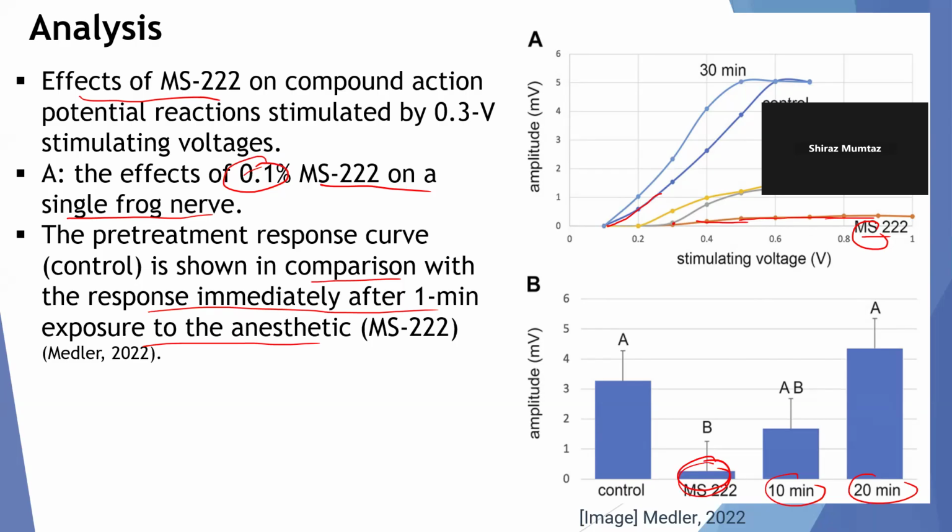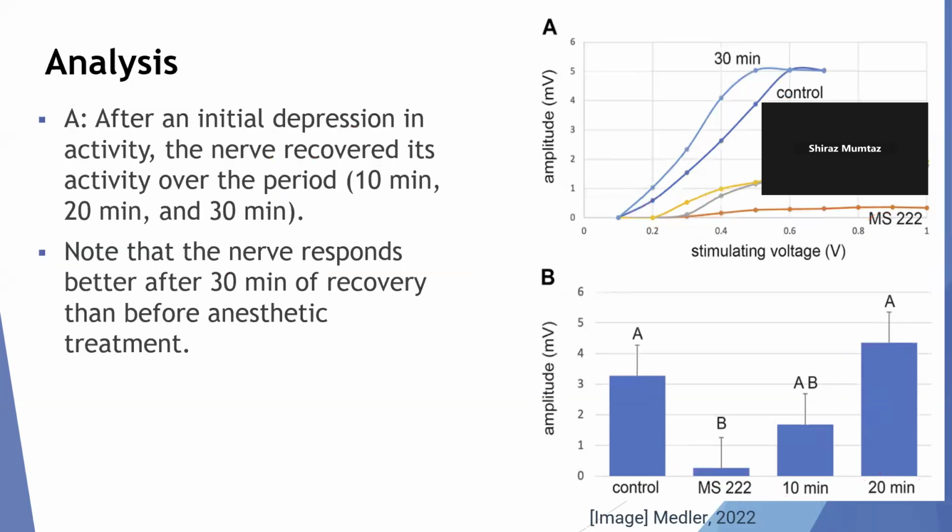Anyways, the analysis shows that after the initial depression of the action potential activity, the nerve recovered its activity over the period of 10, 20, and 30 minutes completely. Note that the nerve responds better after 30 minutes of recovery than before anesthetic treatment.